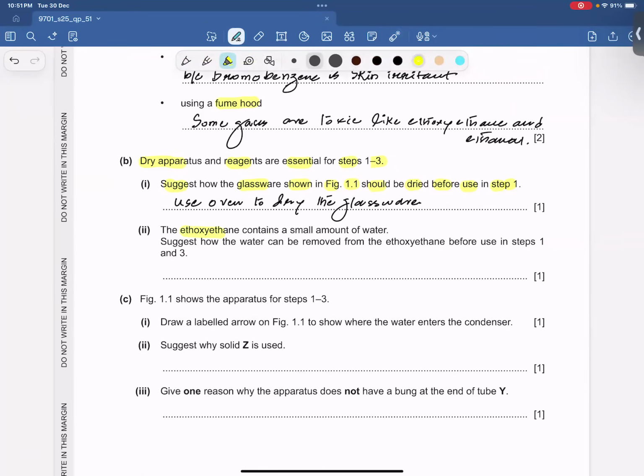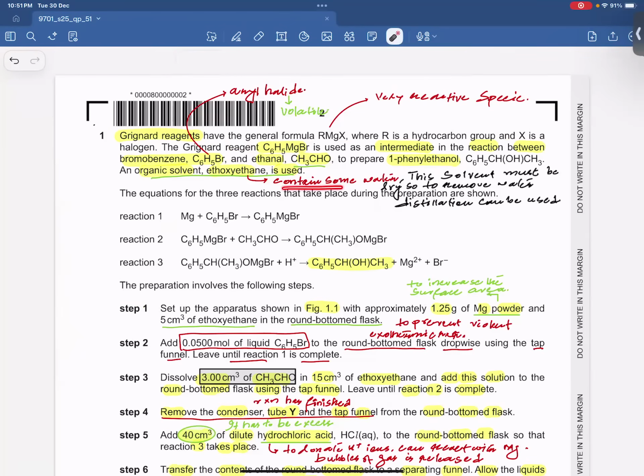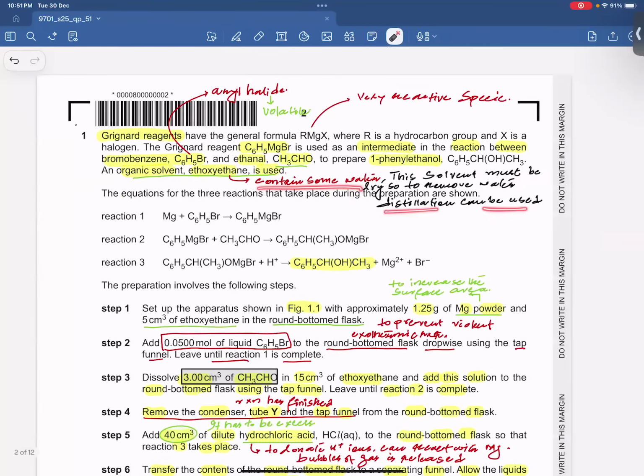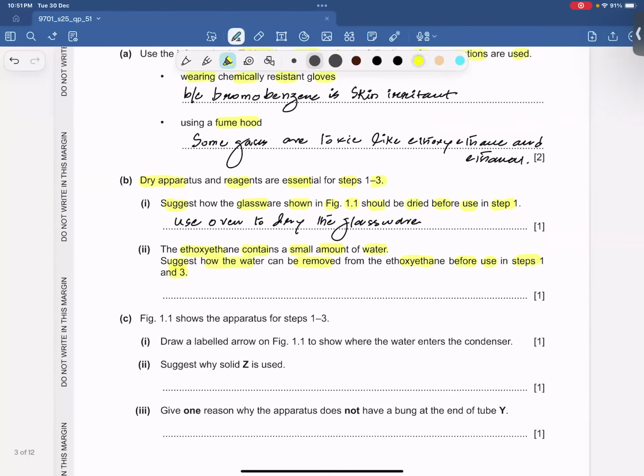Look, the ethoxyethane contains a small amount of water. Suggest how the water can be removed from ethoxyethane before use in step 1 and 3. So that's what I have told you. So ethoxyethane contains water. We need to go for distillation or fractional distillation. So I'm going to go for distillation.